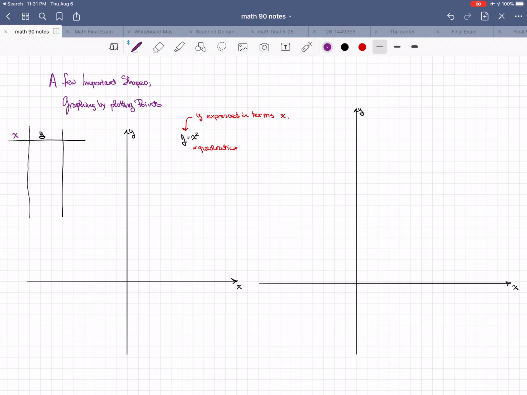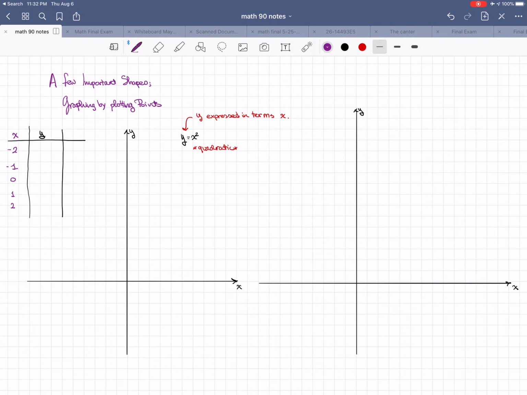Okay, so I'm going to pick a variety of values. We'll do -2 for x, -1, 0, 1, and 2. When you're graphing by plotting points, and when the equation is not linear, as it is in this case, there isn't a set number of points that you need.